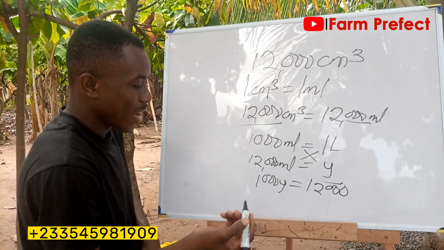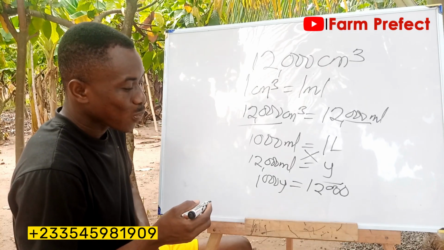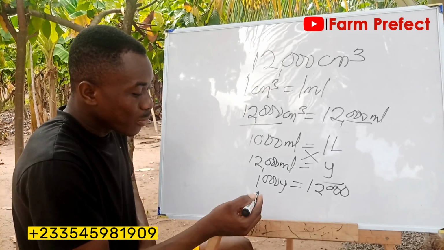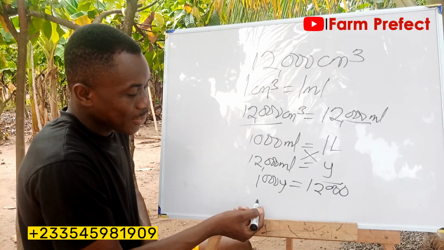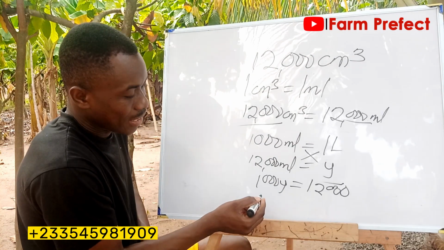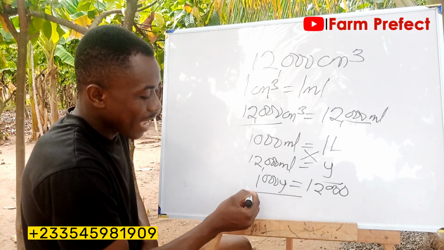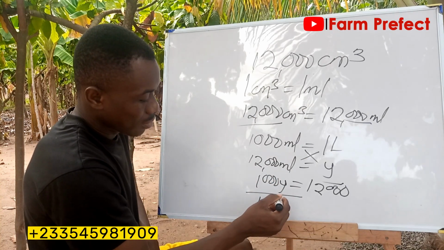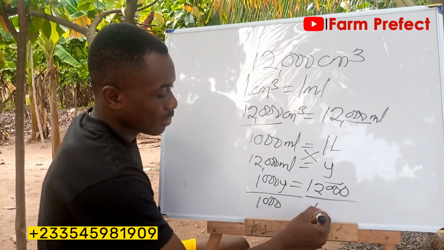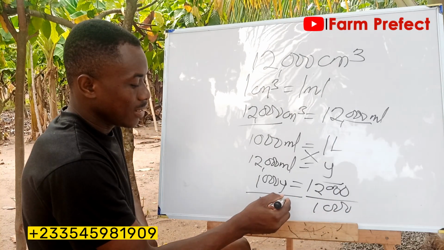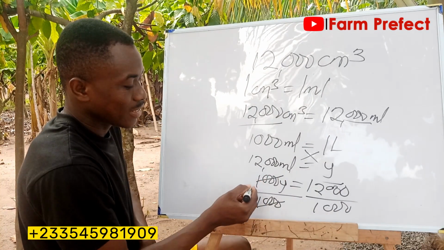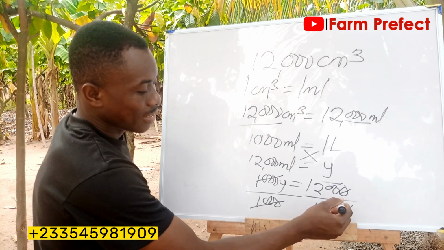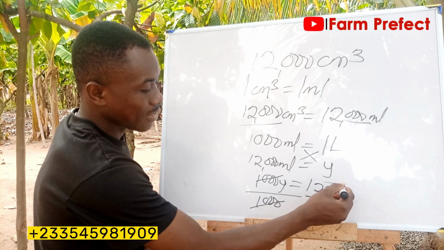Now that we have this, how do we find our y? To find the y, we need to divide both sides by 1,000. This 1,000 will take care of this 1,000.